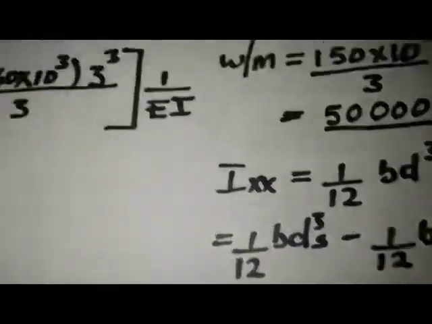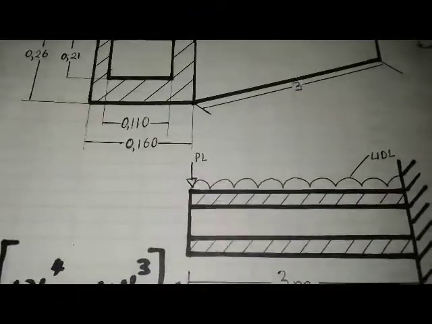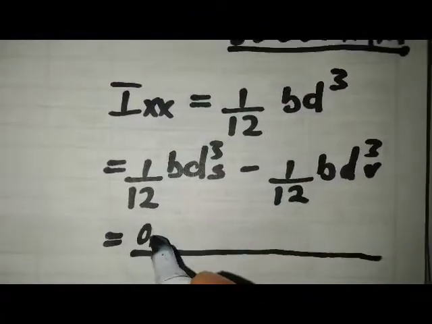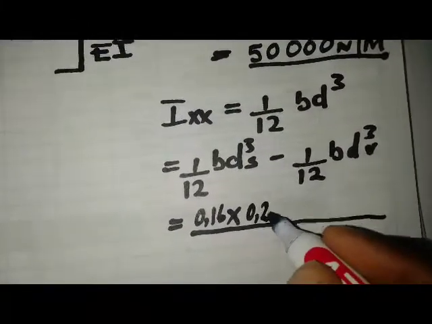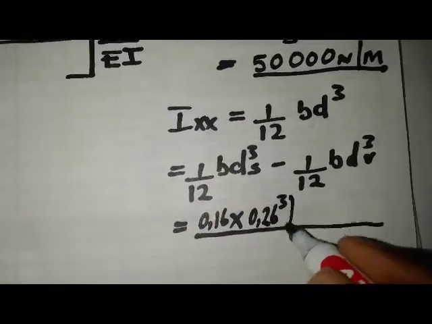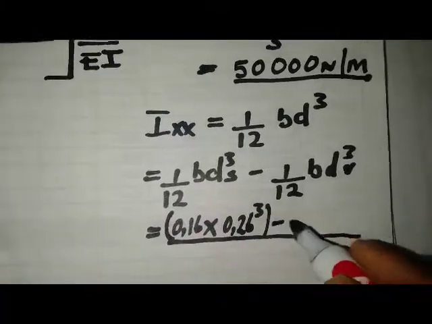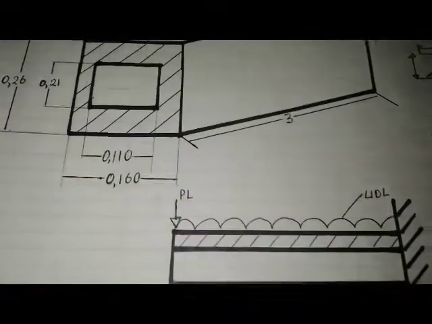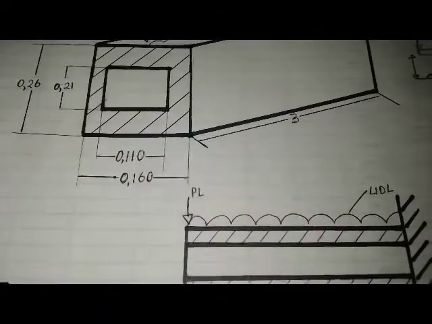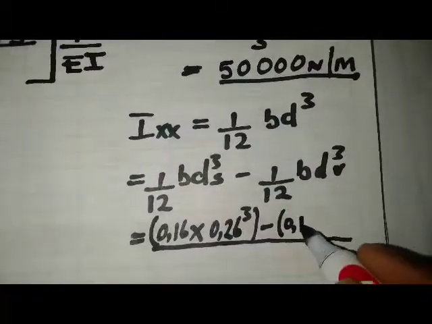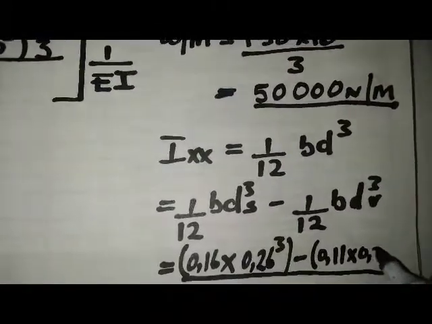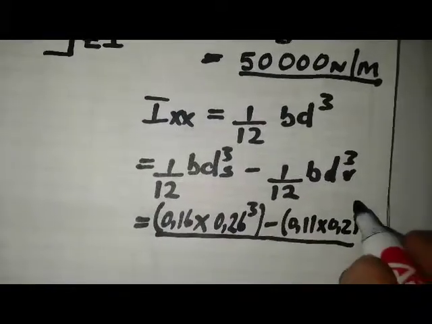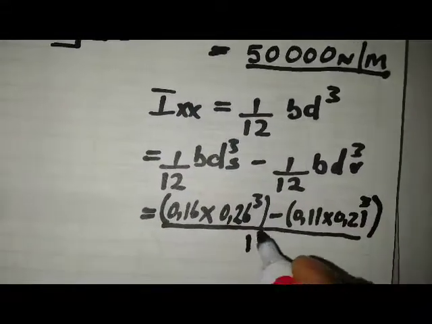The base for the solid part is 0.16, and the height for the solid is 0.26 cubed, and we're going to subtract the small rectangle, whose base is 0.11 and height is 0.21, 0.21 cubed, all over 12.